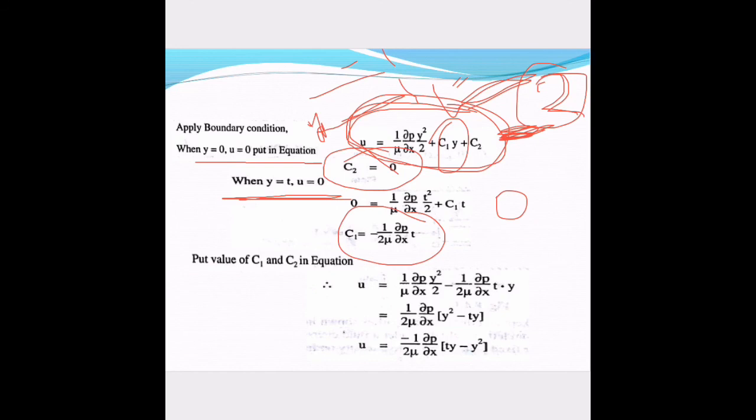If you calculate it further, then you will get u as -1 by 2 mu del p by del x into ty minus y square. Mark this equation as equation number 3.